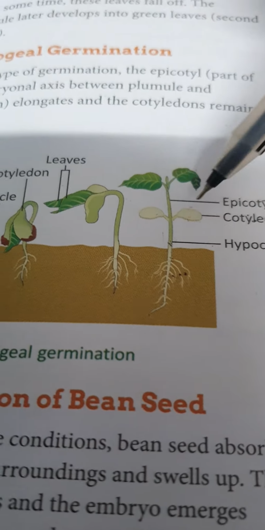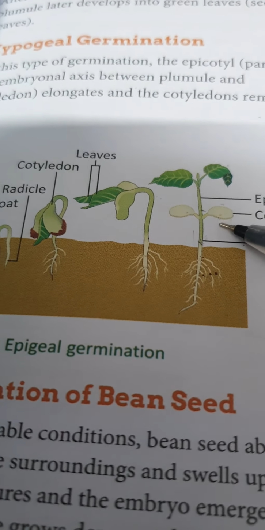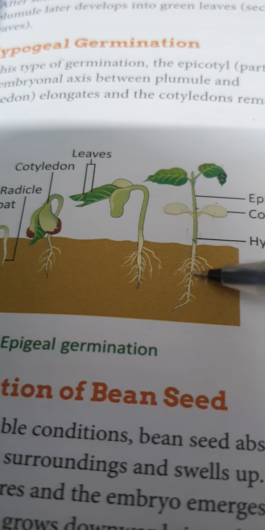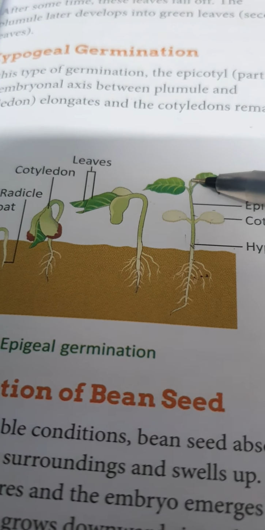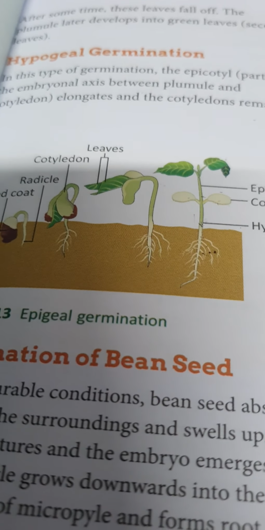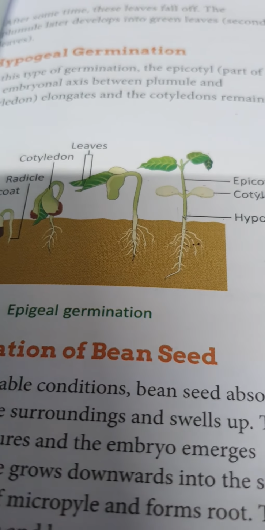Means this portion from radicle to cotyledons is your hypocotyle, and after the cotyledons, all the area is called epicotyle. So below cotyledons, hypocotyle, and above the cotyledons, epicotyle.